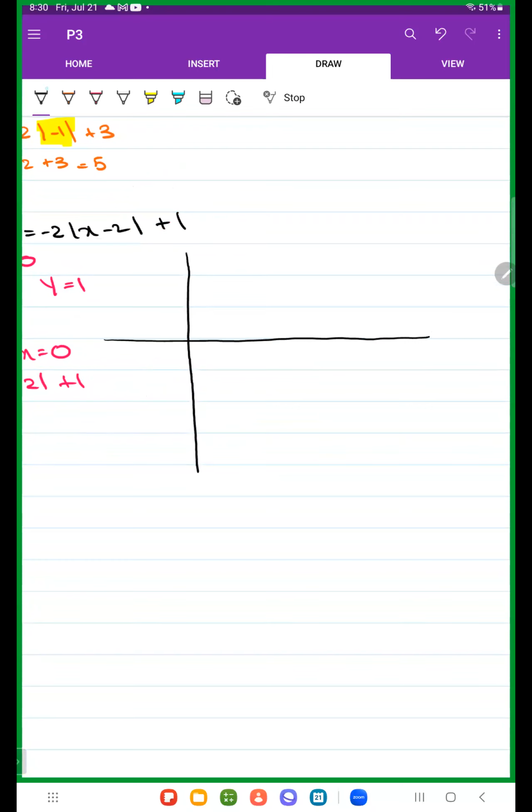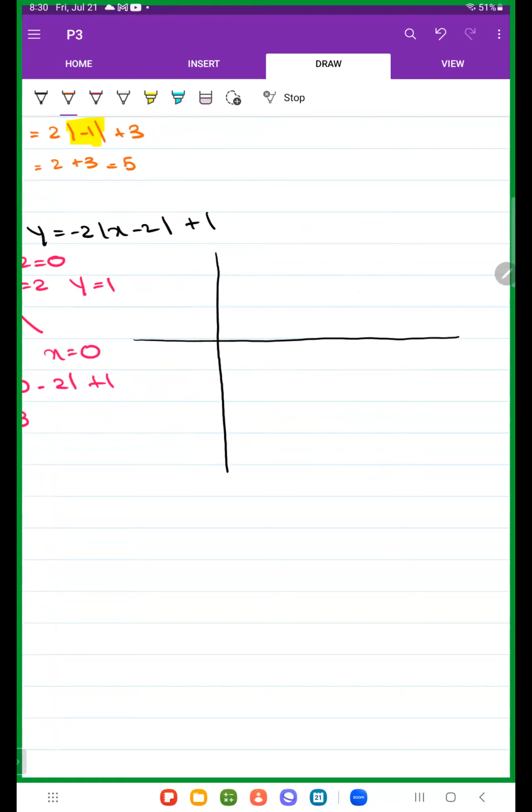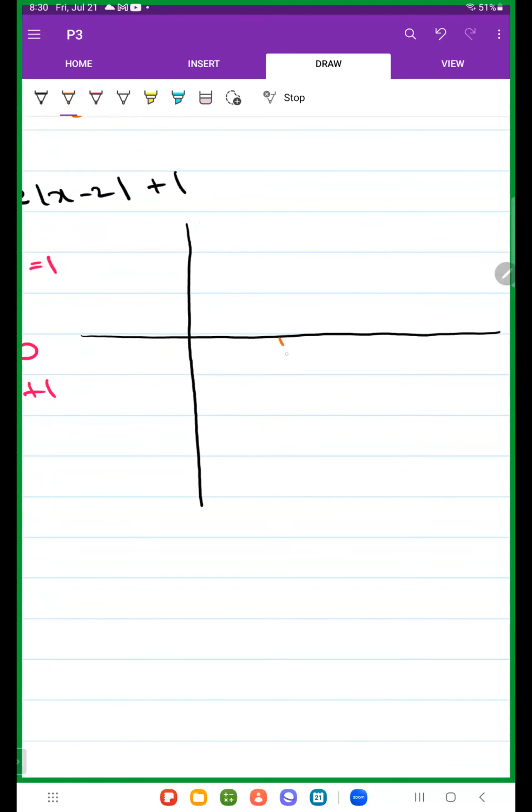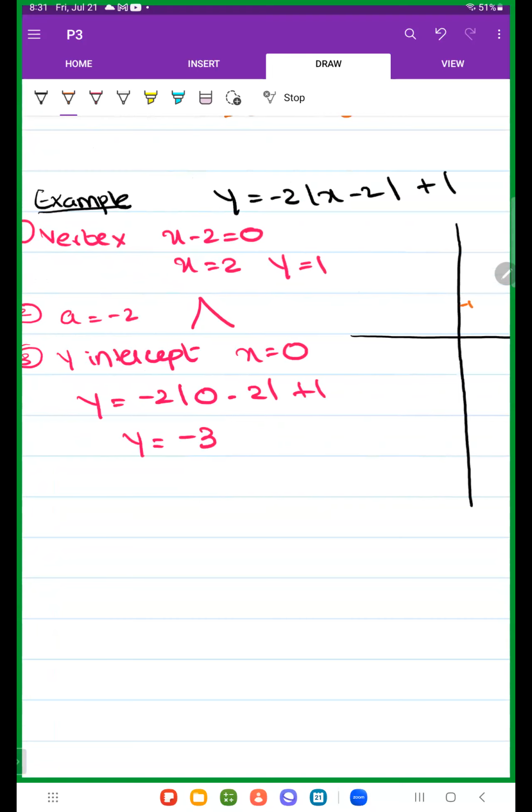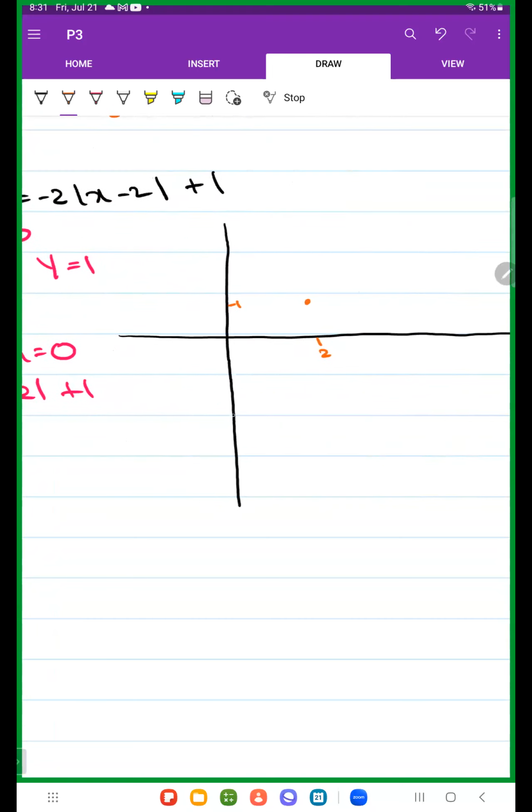So I have my vertex as 2 and 1. So this is 2, this is 1. I have my y-intercept as minus 3. Understand?